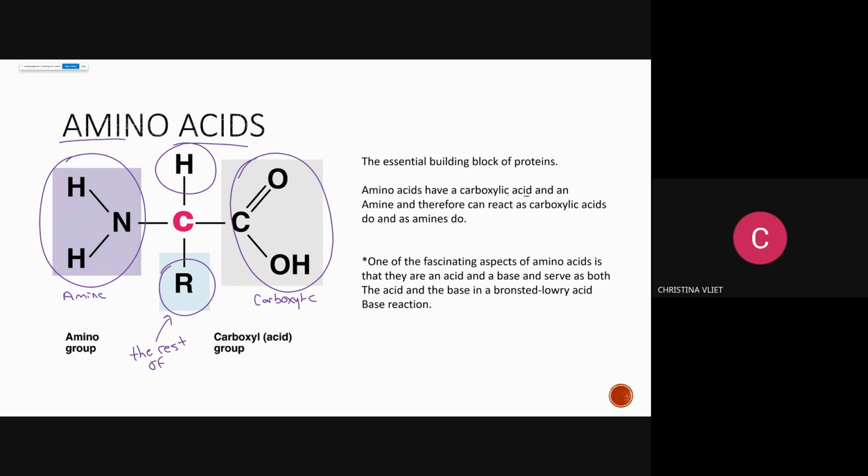All of them have a carboxylic acid and an amine, which is chemically significant, because amines are bases. You're going to want to write this down. Amines are bases. And maybe you remember this from the first unit this year. We learned what the requirement for a base would be.